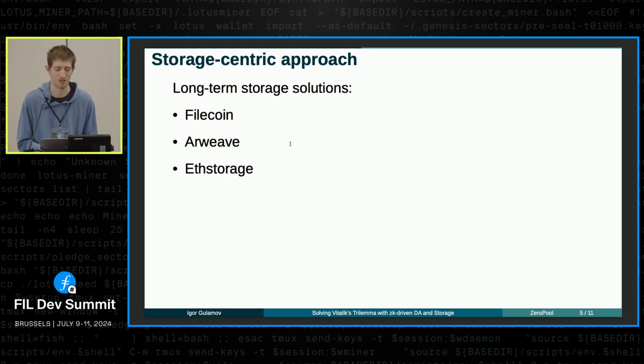EthStorage is a programmable solution, so users or smart contracts or decentralized protocols can select the rules for how to pay and maintain the data in the network, and it's possible to use it for long-term data availability.